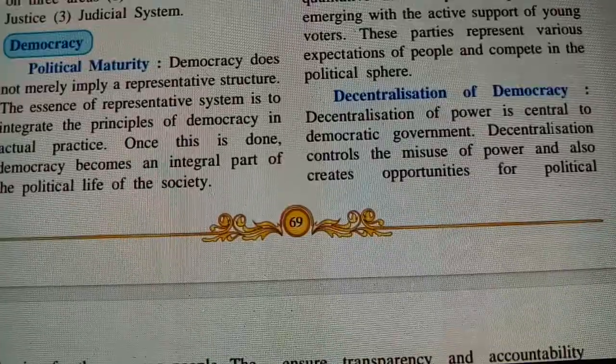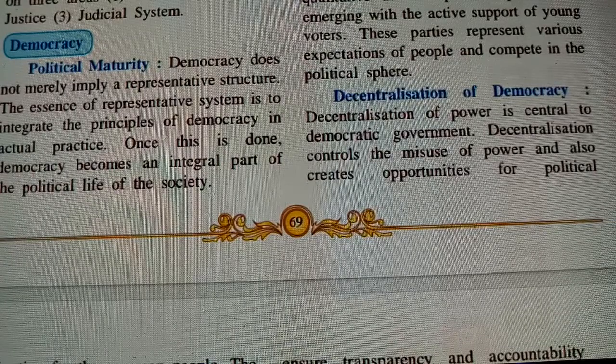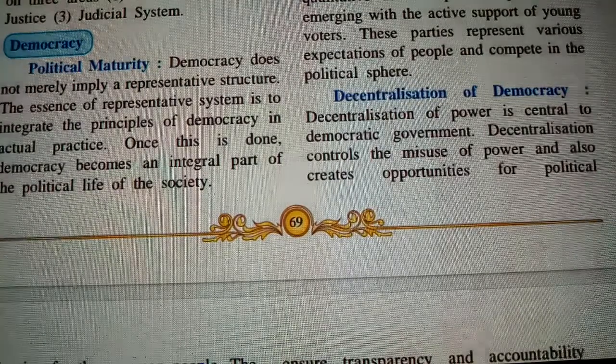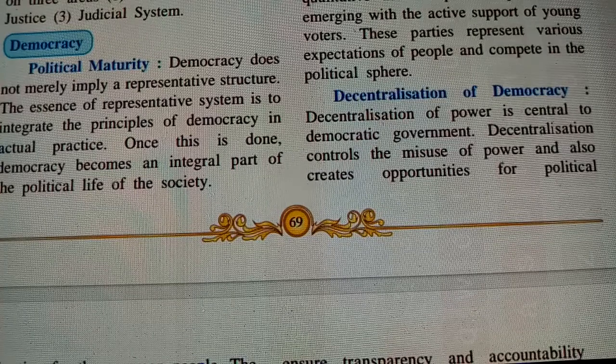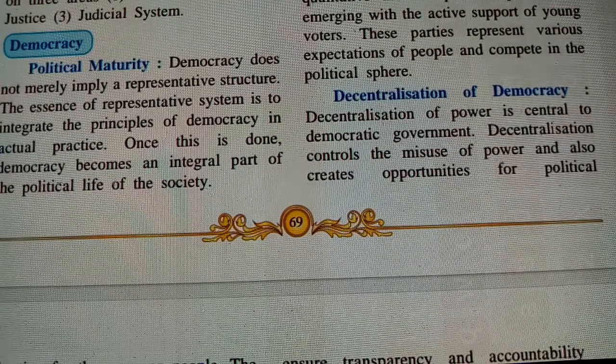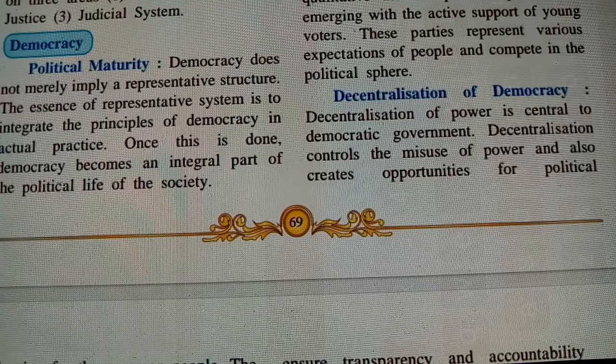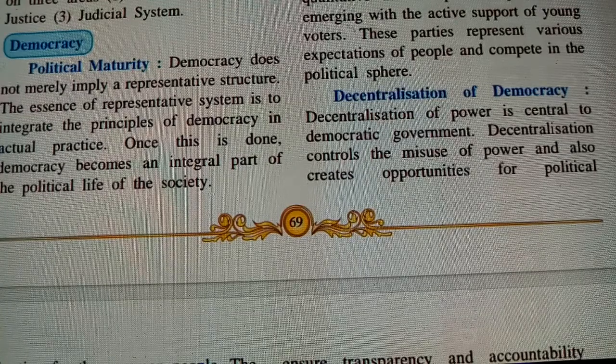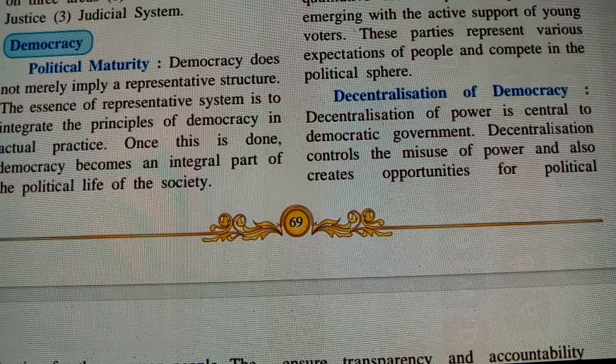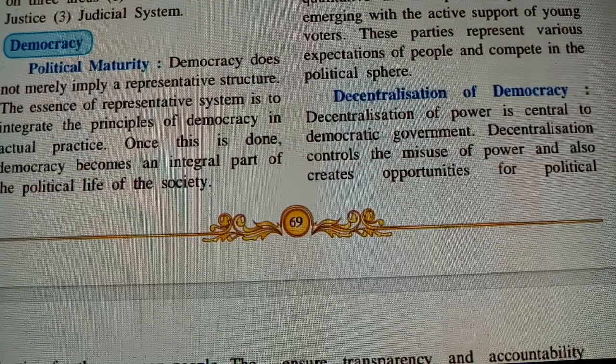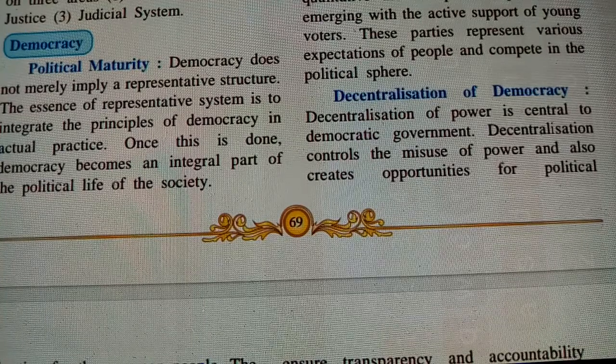Next is decentralization of democracy. Decentralization means the power should be distributed to everyone. The power should not be in one hand. It should be distributed to all the people. In olden times, power was held by the national, state and union governments. But as democracy and the constitution changed, power is distributed among local governments like the municipality, nagar parishad and corporators.